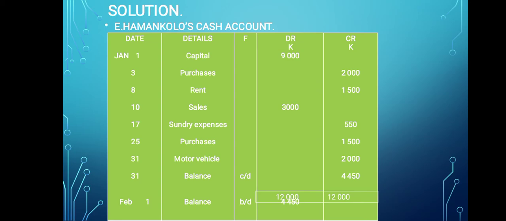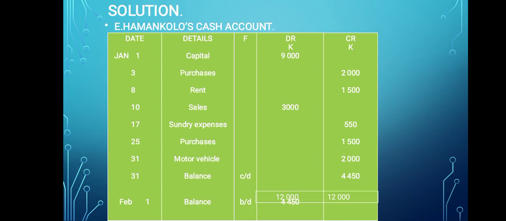Now, when you balance off, if you look at the bottom here on the 31st, we've got two 31st where it ends at motor vehicle. Now, when you end at motor vehicle, you balance off, you start adding your transactions from each column, the debit side and the credit side. When you add the two sides, you find that the debit side has got a total of 12,000.